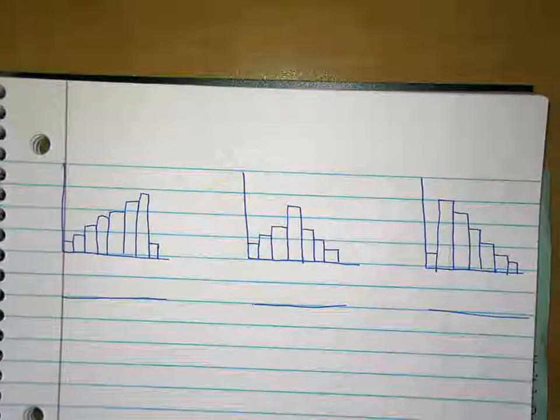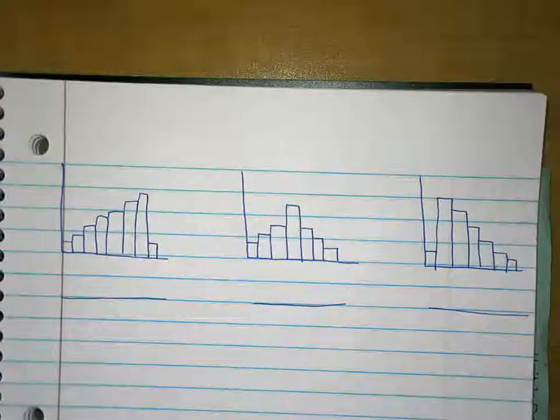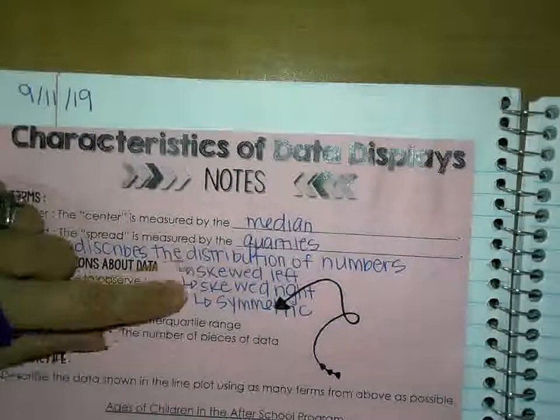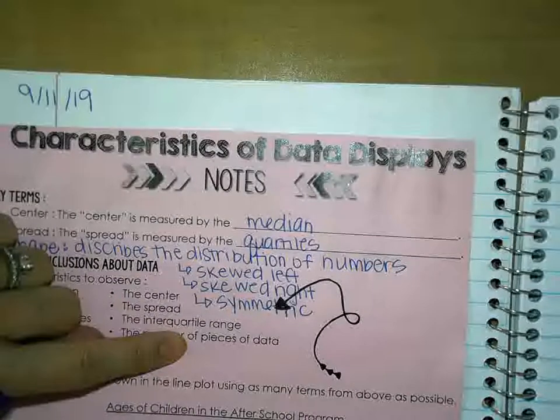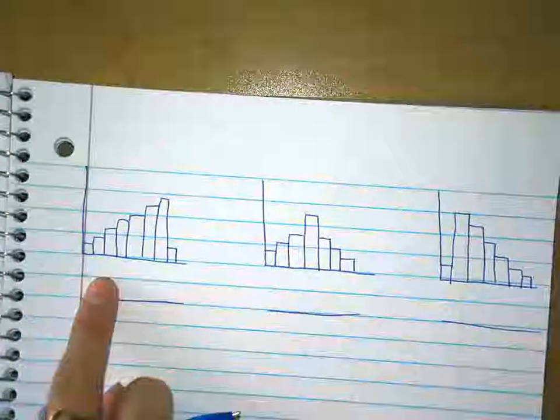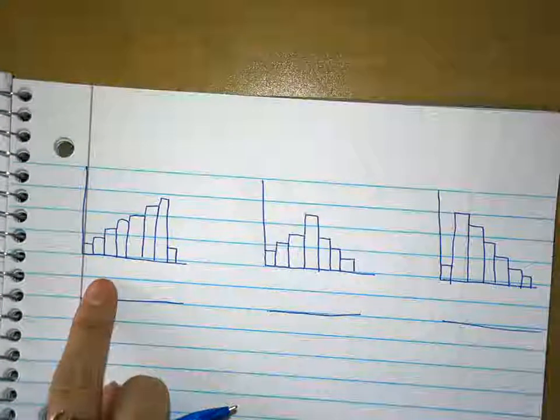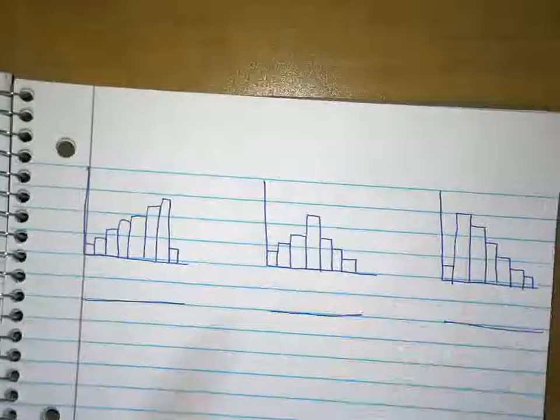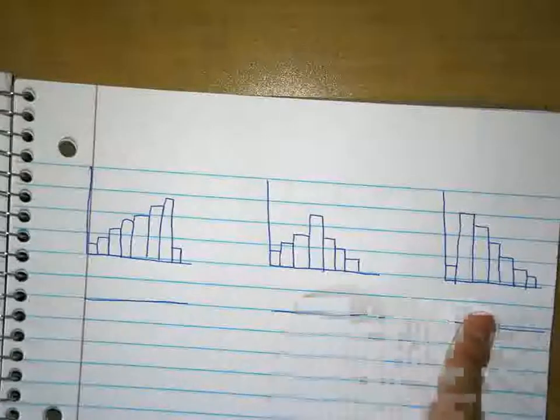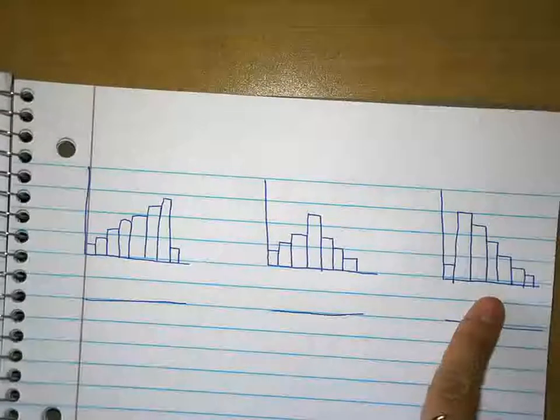Those 3 graphs go back to that pink page, and this is what I mean by skewed left, skewed right, and symmetric. One of these is each of them. When we talk about skewed left, skewed right, and symmetric, which one do you think is what?